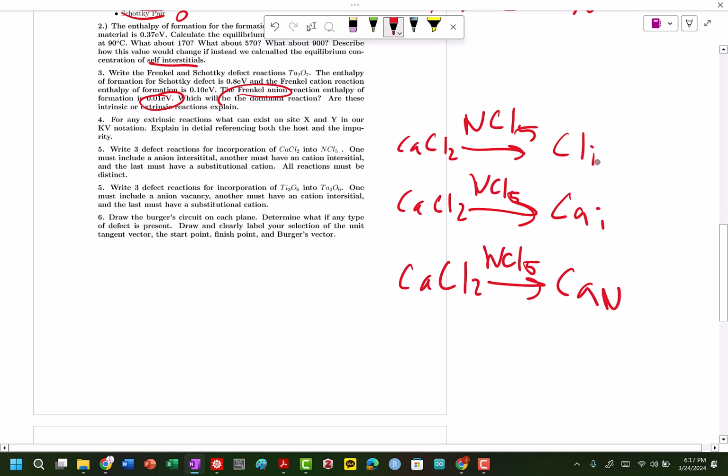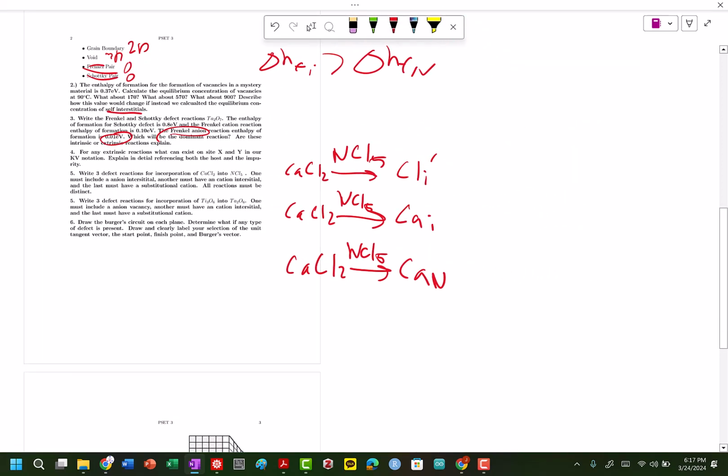So interstitial Cl, that's a minus 1. Let's do minus 1 plus, for example, a Ca where an N should be. That's 5 to 2, so that's minus 3. Plus, I need positives now, so I need vacancies of Cl, which is minus 1 to 0, so that's plus 1 each.